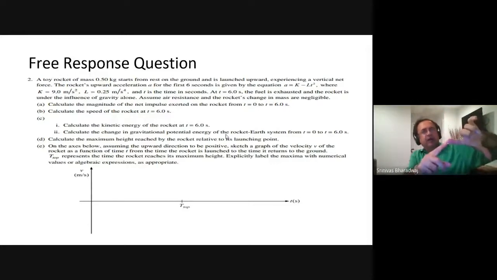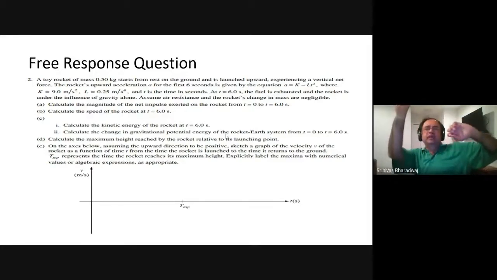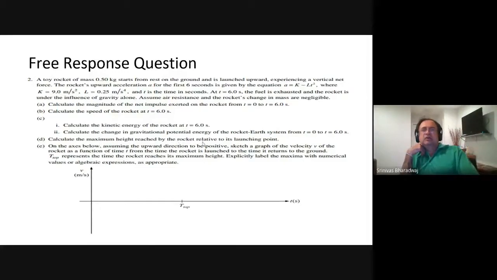So from here, all the half mv squared that it has at this position is going to get converted to potential energy, at which point it will come to rest somewhere in space. So the answer in C1 equals mgh. You take that h and add it to the h you calculated in C2. The h from this plus the h from this will give you the total h.